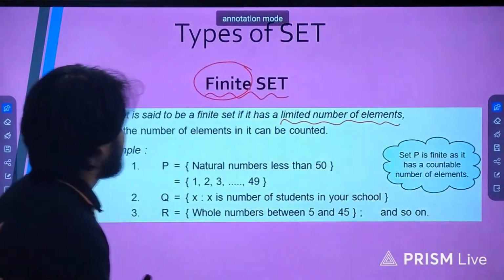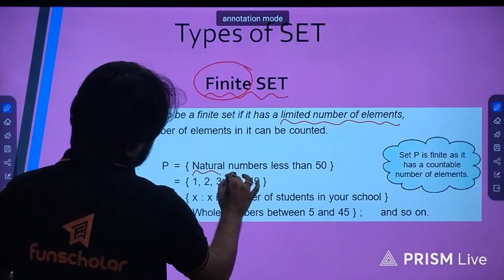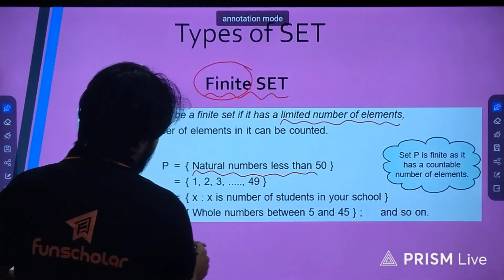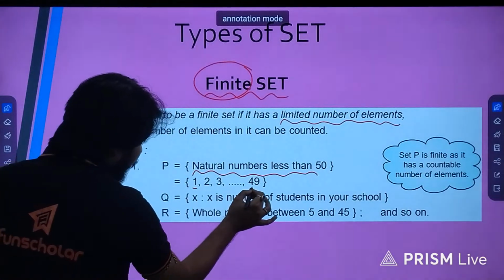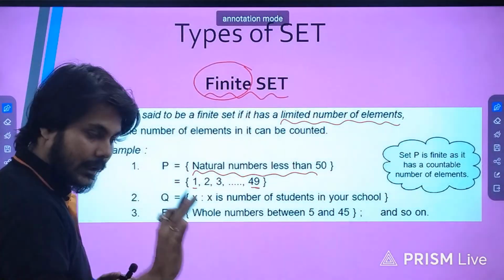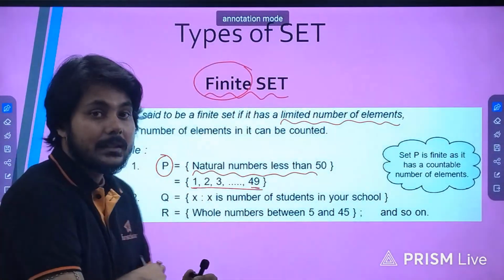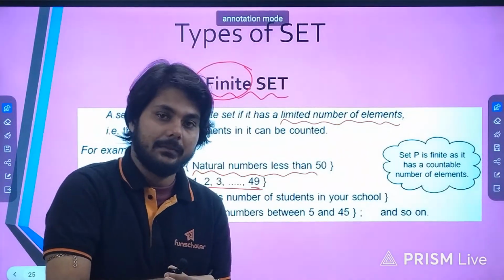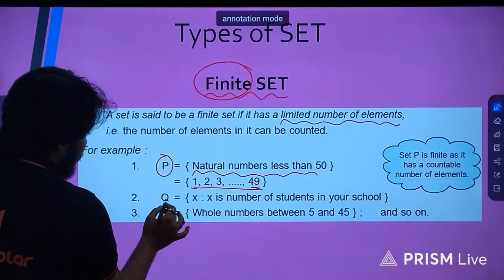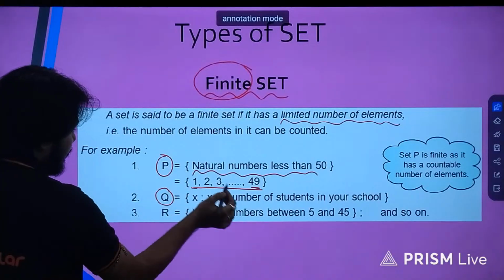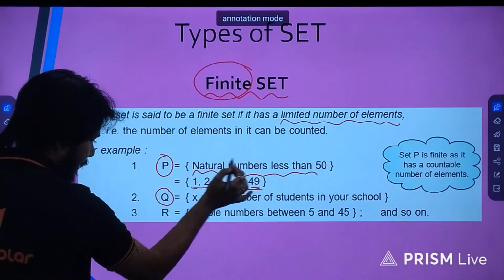Next, natural numbers less than 50. We will write from 1 to 49. Understood? This particular set P has a finite number of elements. Okay, Q, this is the tabular method or roster method.